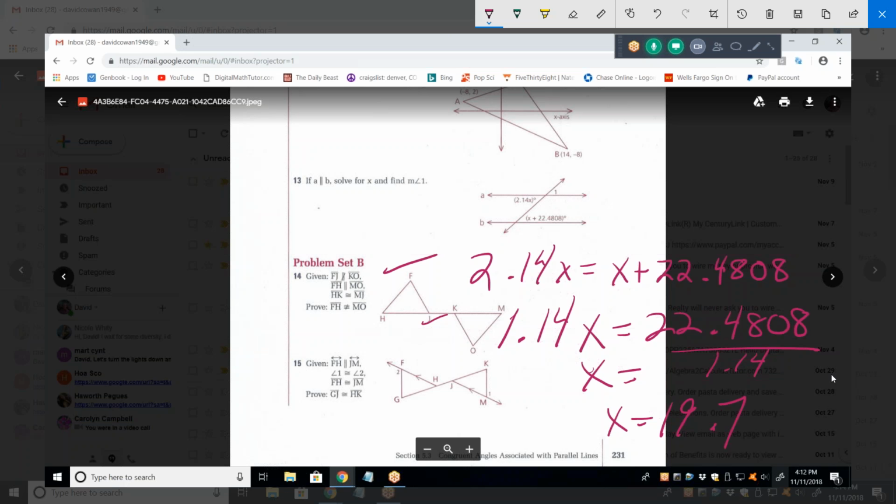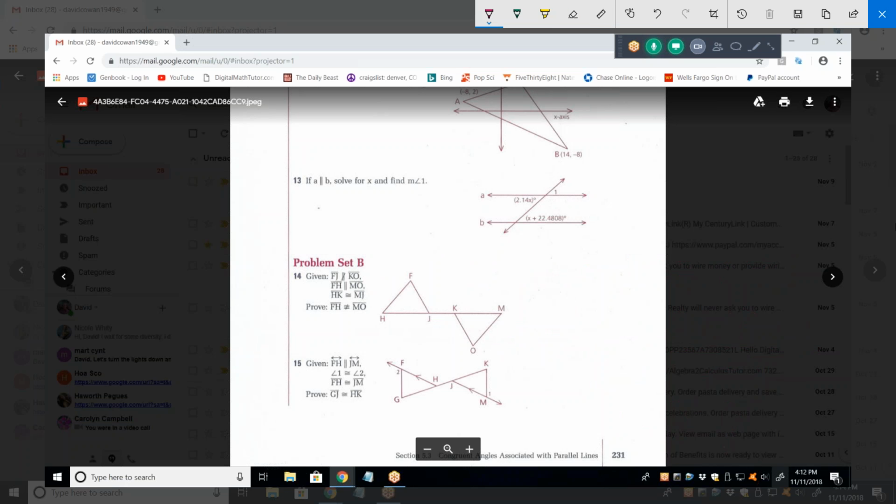So angle 1 is what? 19.7 times 2.14. Whatever that is. I don't know why they give you such odd numbers. Is that an even number?